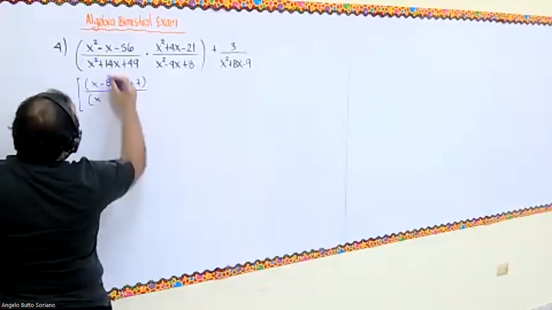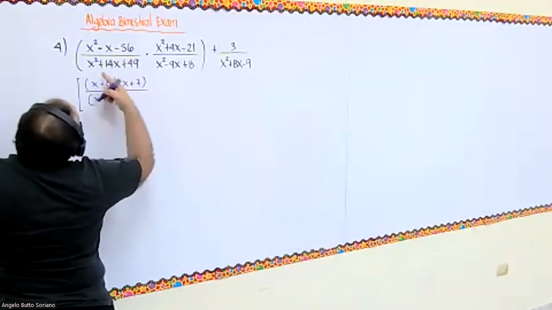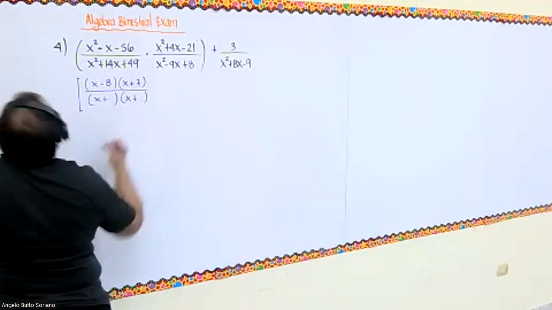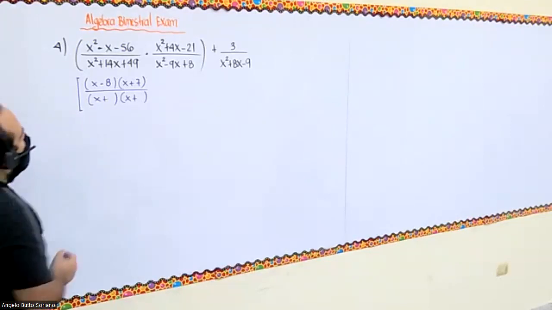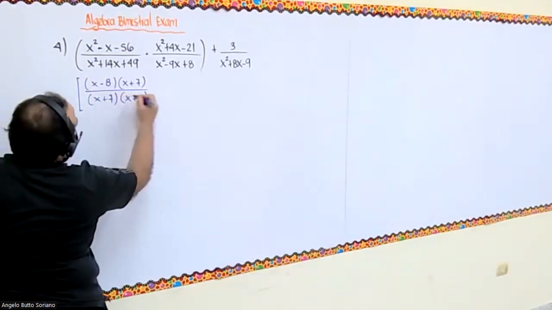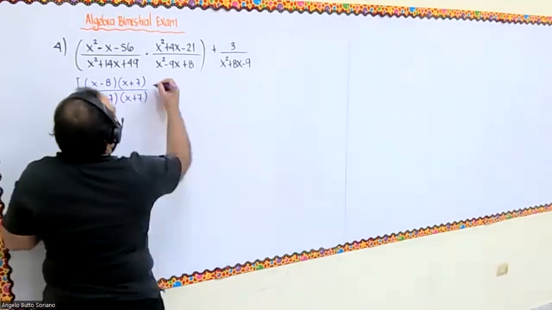Downward, x, copy the first sign, x, multiply their signs, positive also. And we have to look for a couple of numbers whose product gives us 49 and at the same time whose addition gives us 14. In this case, it will be 7 and 7. Okie dokie.